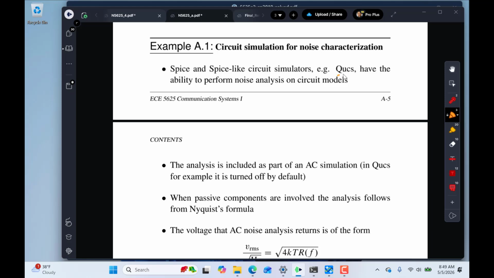At one time, I used this piece of software called Quux, which the name of it is very bizarre, but it was really Qt, but Qt is a windowing environment, and the owners of the Qt software said you can't call your circuit simulator Qt circuit simulator.